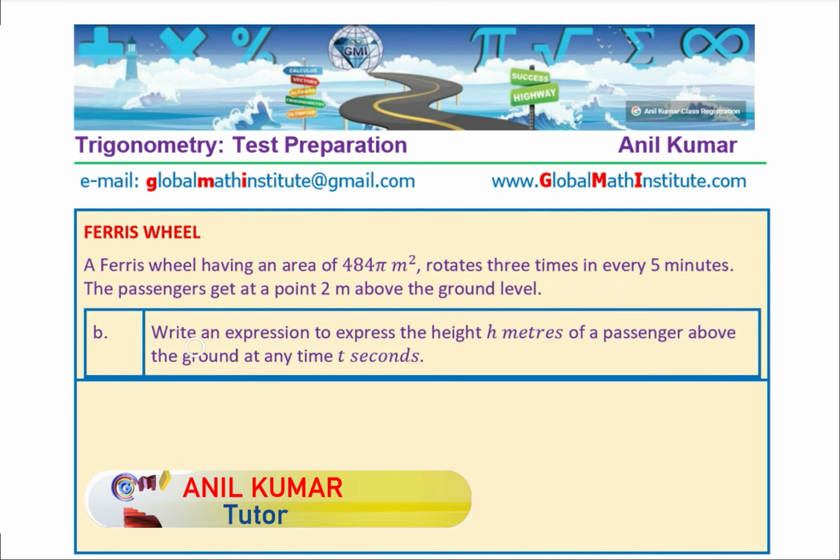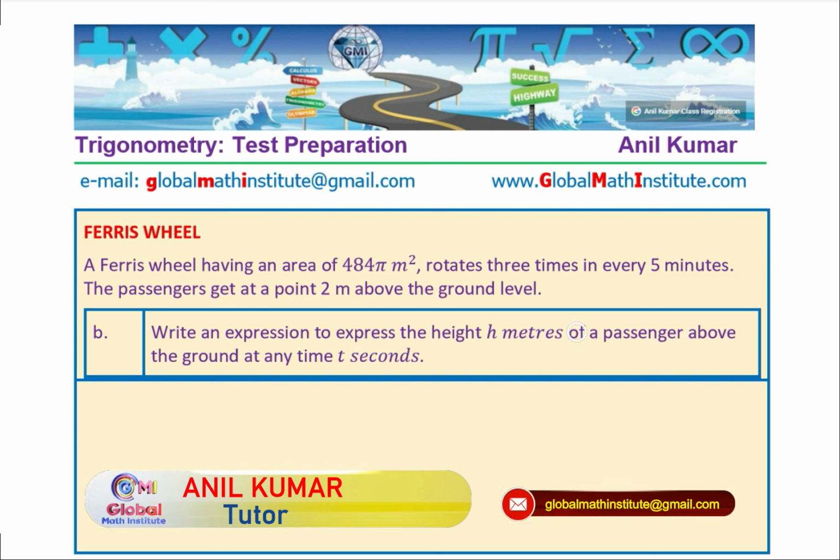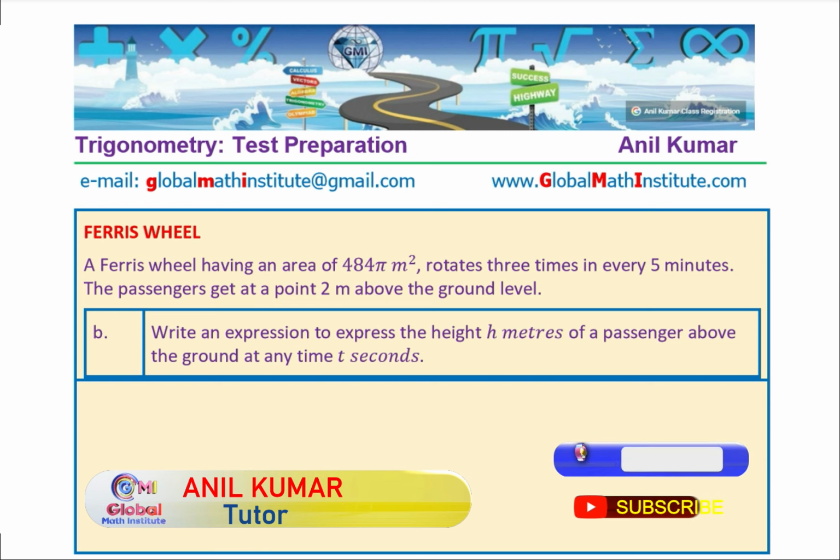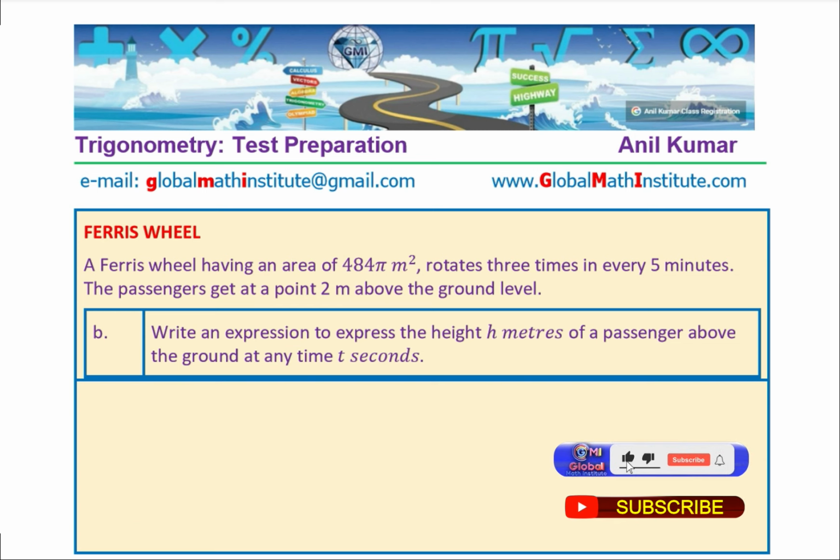Second is, write an expression to express the height in meters of the passengers above the ground at any time t seconds. So as we had seen, let me just re-sketch. I'll just sketch one part of it, right?